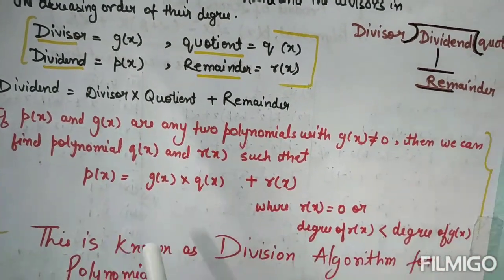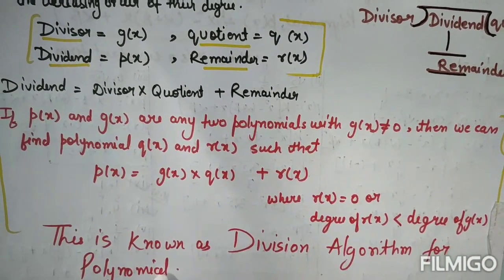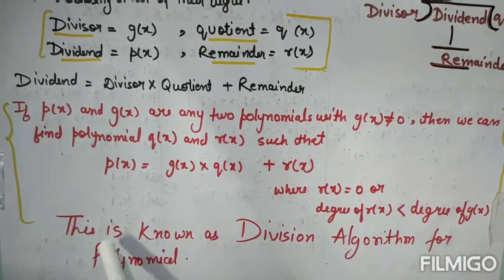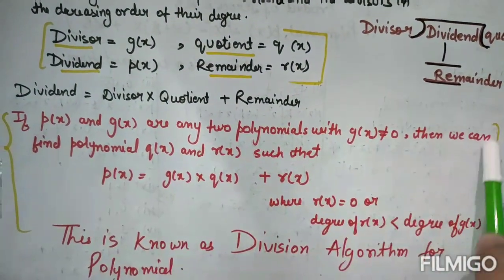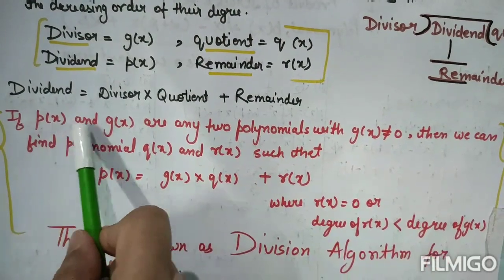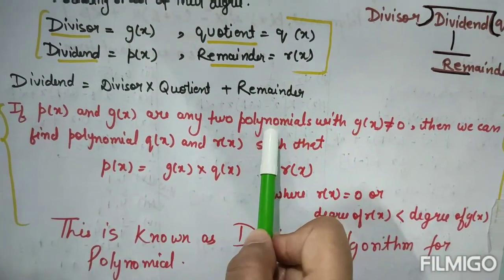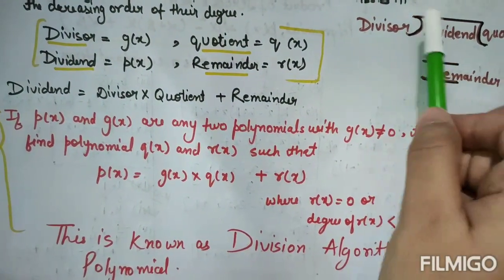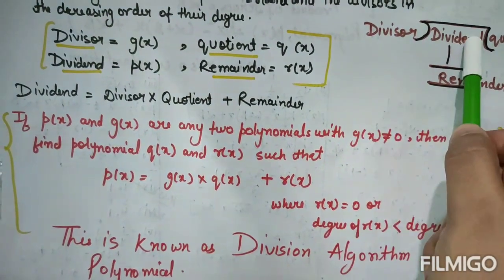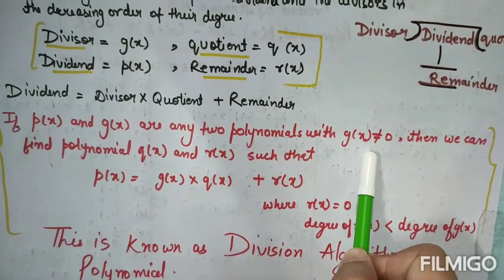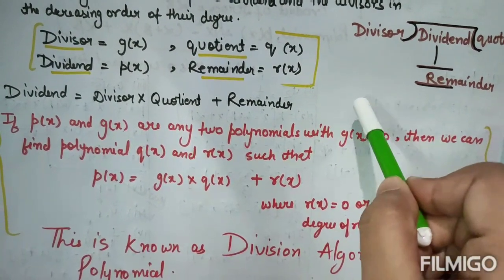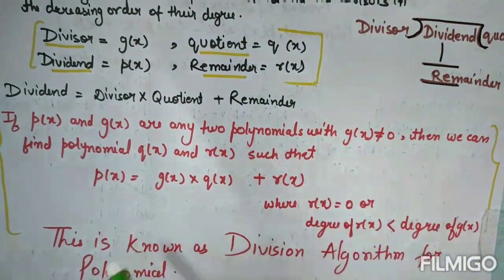Clear? Now, what is the division algorithm for polynomials? If somebody asks you to state this division algorithm for polynomials, you have to write this much. So if p(x) and g(x) are any two polynomials, divisor and dividend, with g(x) not equal to 0, obviously whatever divides can't be 0.